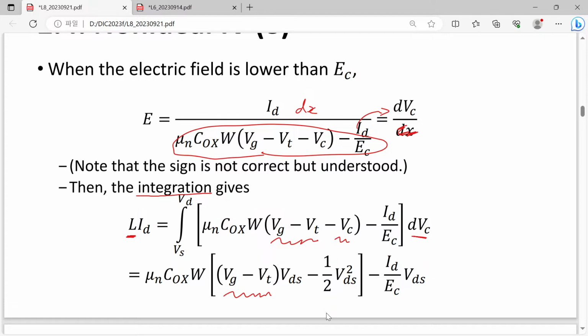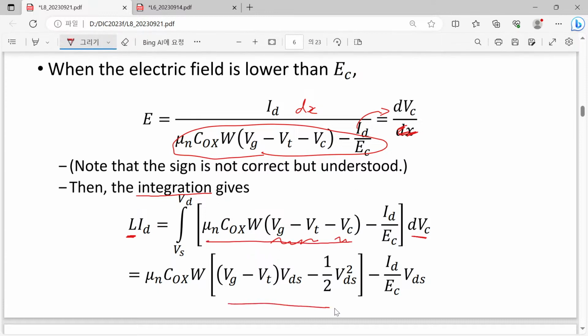So in this case, this is a correct expression, and now we must consider integration starting from Vs to Vd, and here we have Id over Ec dVc.